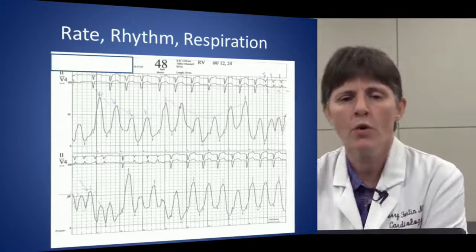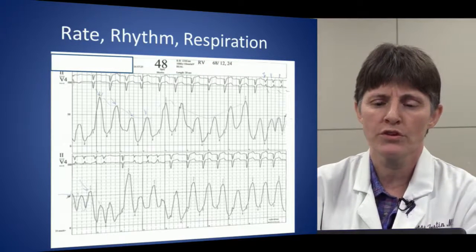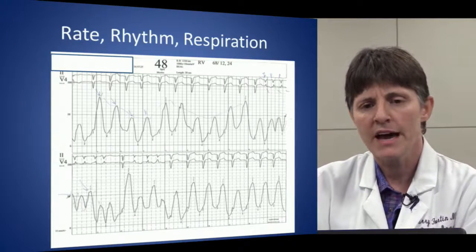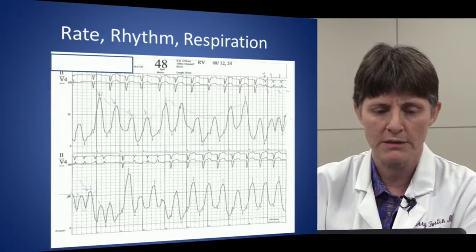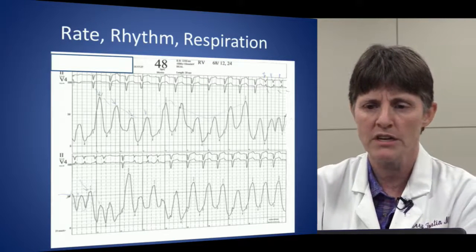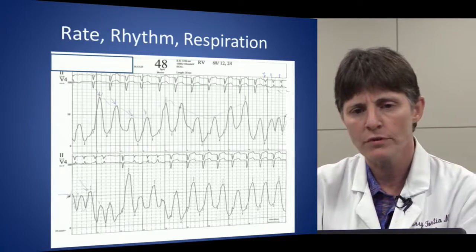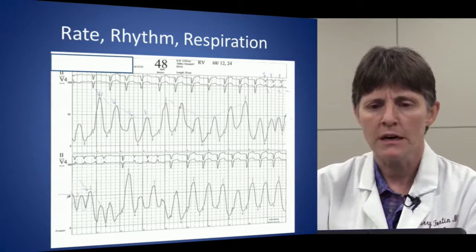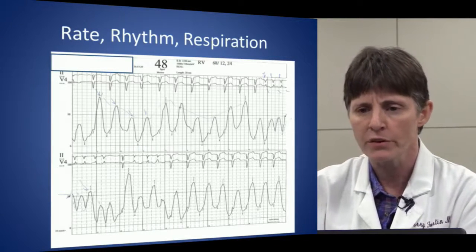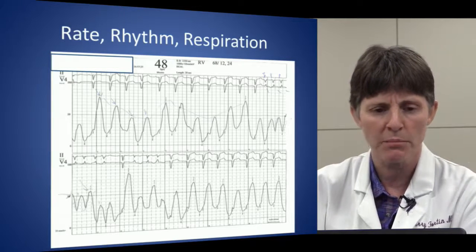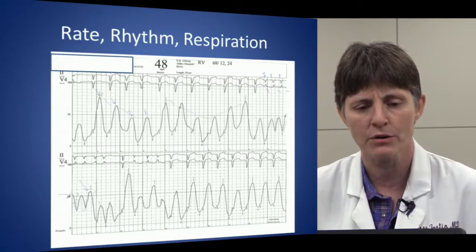The last thing we want to know about the tracings themselves is that heart rate can affect it, respiration can affect it, rhythm can affect it. If you look at the EKGs, on the top there's a fairly steady rhythm until you see the last few beats, and then there's a fast, narrow complex, and on the bottom row there's also some fast, narrow complex.